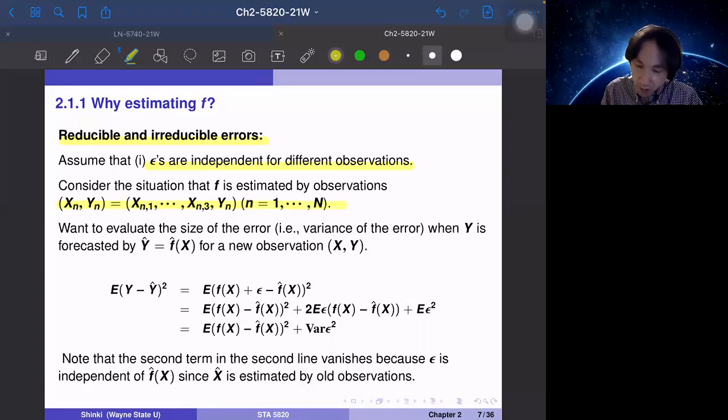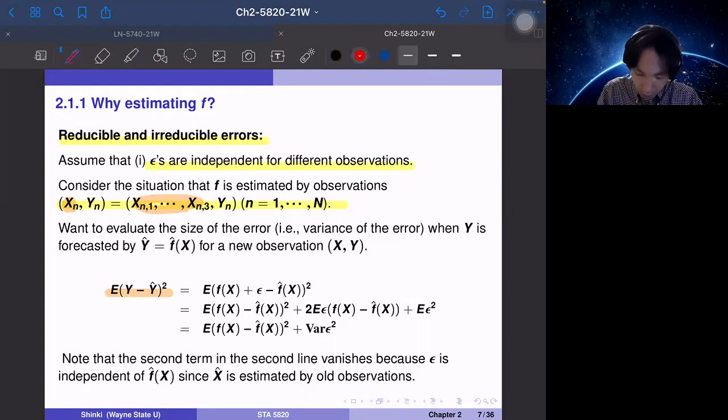Okay, so suppose observations are xn and yn, particularly xn is trivariate. Then, okay, the expected error is the expectation of the square of y minus y hat. The y is the observation and the y hat is the estimate.